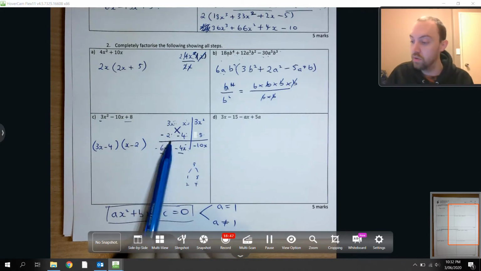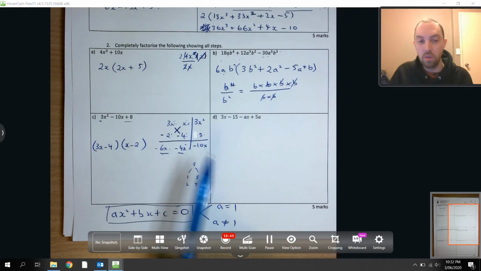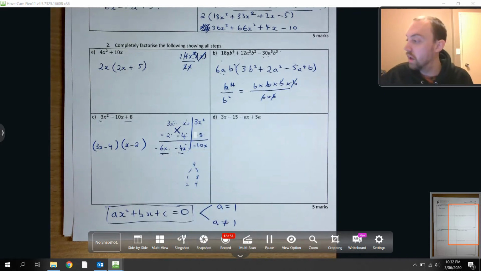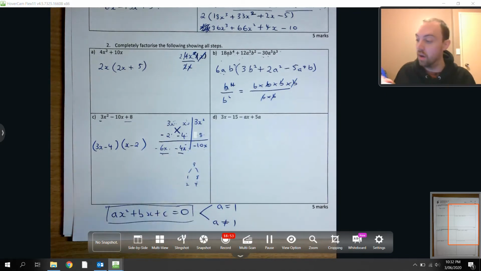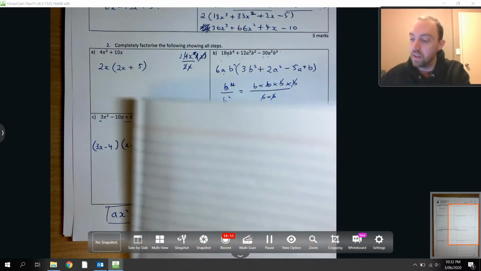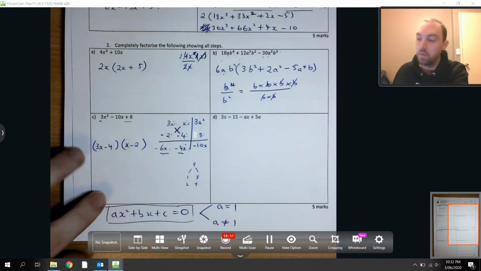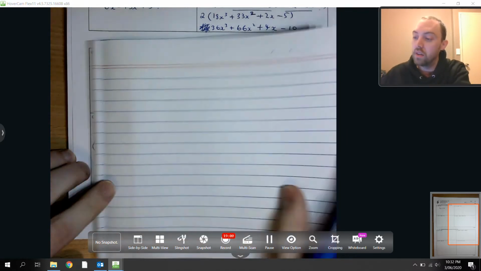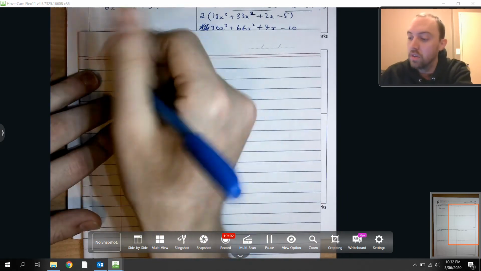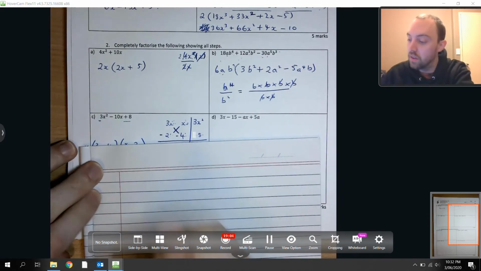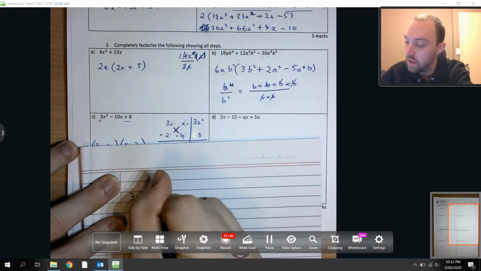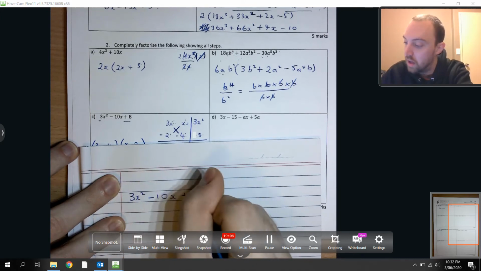If your first two numbers don't work, you can try something else. I'm going to show an alternate way to solve the a is not equal to 1 quadratics. Okay, so let me just make sure I've got this problem right: 3x squared, take 10x, add 8.